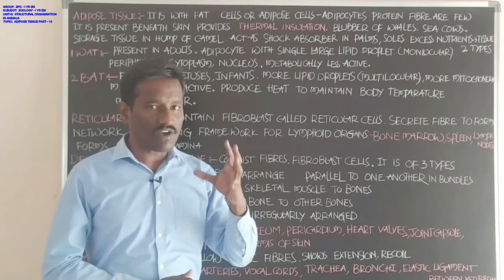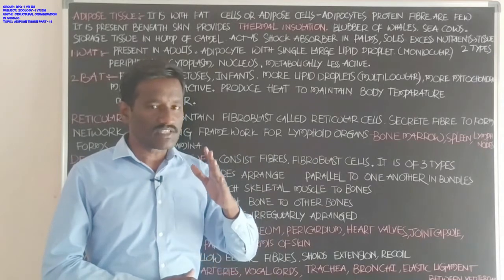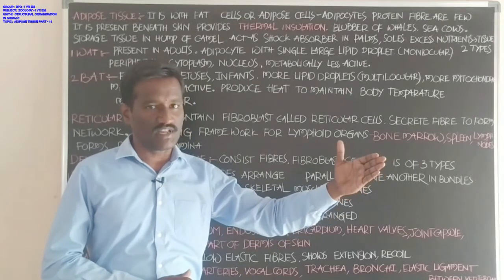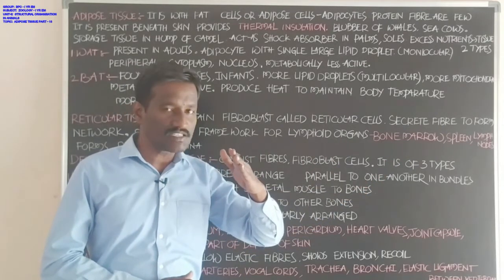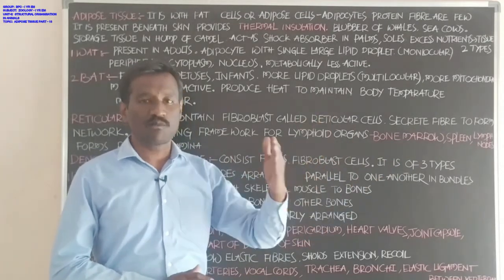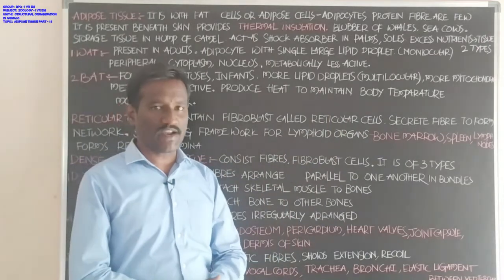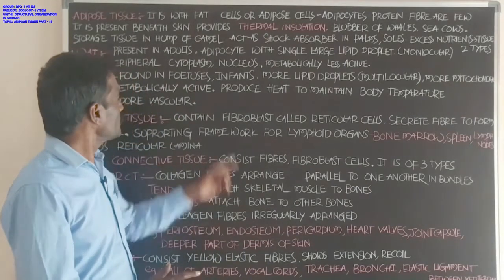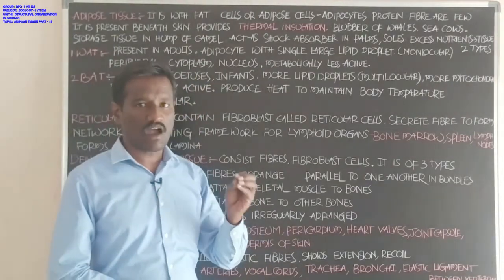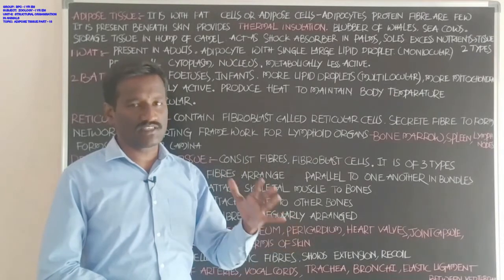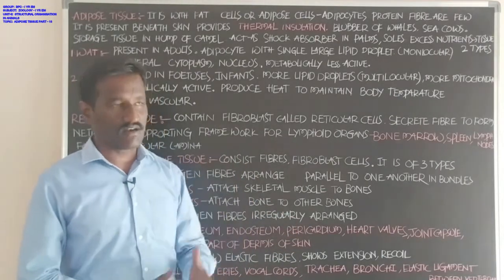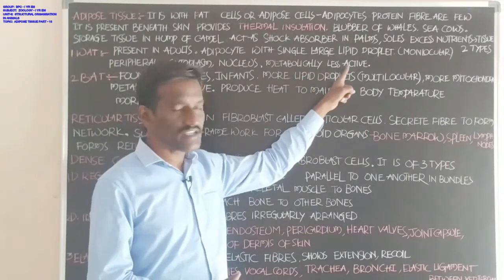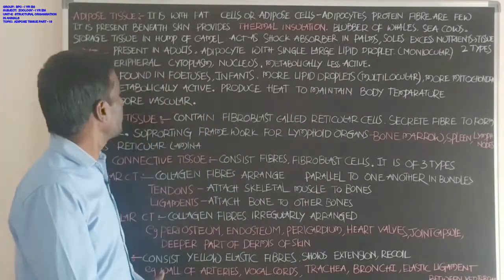By the presence of the large lipid droplet, the cytoplasm and the nucleus are pushed to the periphery, adjacent to the plasma membrane of the adipocyte. The cytoplasm and nucleus occupy a small amount of space in the cell. Next, metabolically it is less active.